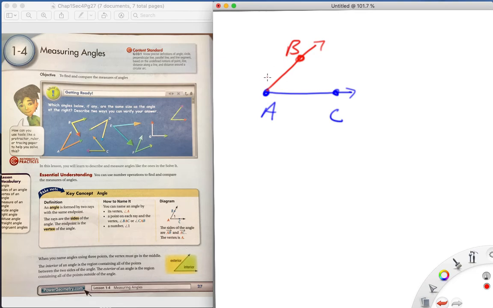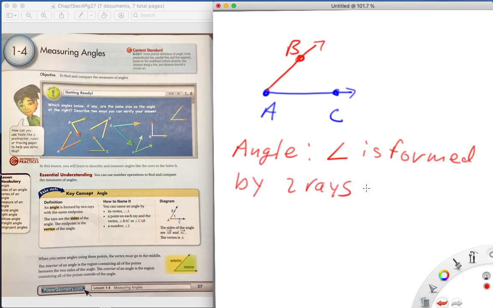And we'll say that an angle, and we use this form, the symbol for angle, is formed by two rays with a common endpoint. Or the book says the same endpoint. An angle is formed by two rays with the same endpoint.